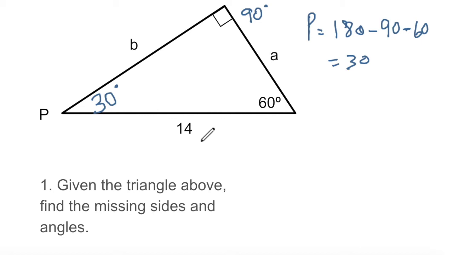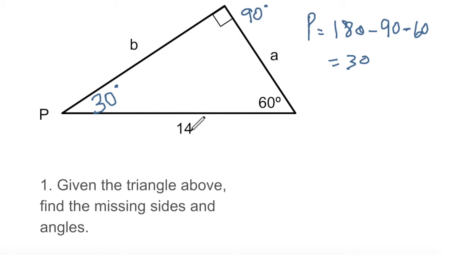Okay, so now what do we have left to solve? Well, sides A and B. So since this is a 30, 60, 90 triangle, we don't need to apply any fancy rules here. All we need to do is use what we know about 30, 60, 90 triangles. And that is that the shortest side, which is in this case side A, that's opposite the smallest angle, is the shortest side.